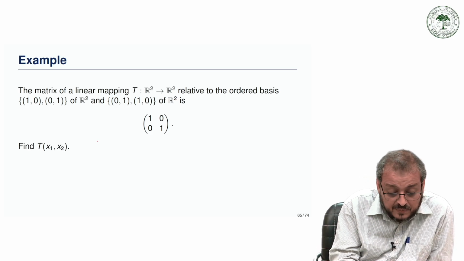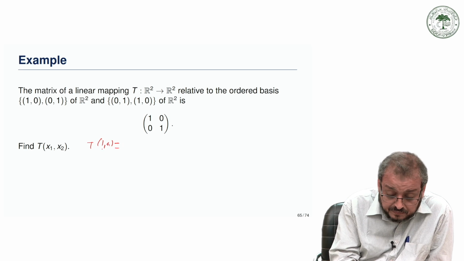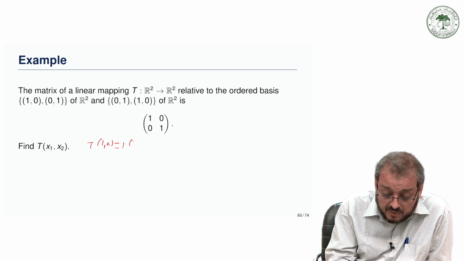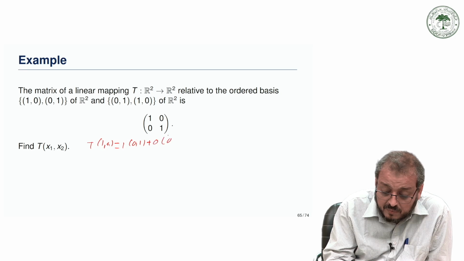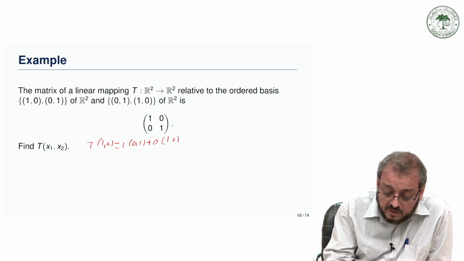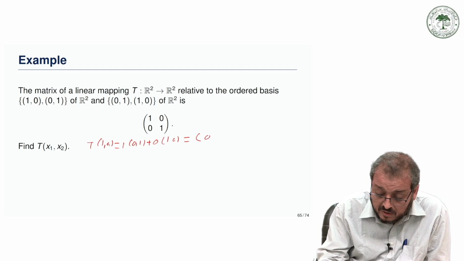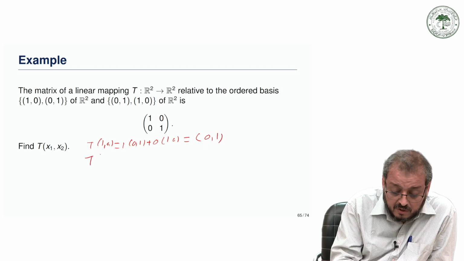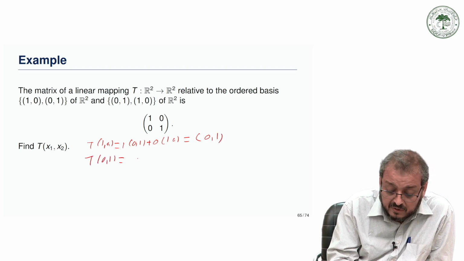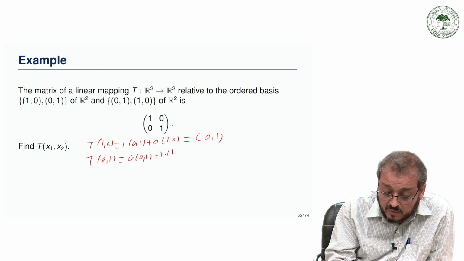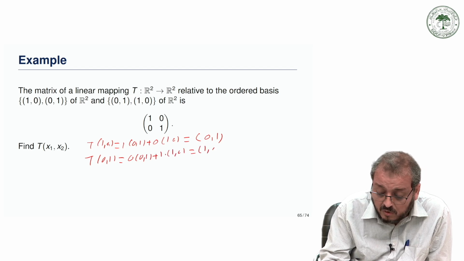So we take T of (1, 0) equal to 0 times (1, 0) plus 1 times (0, 1), which is (0, 1). And T of (0, 1) can be written as 0 times (0, 1) plus 1 times (1, 0), which is (1, 0).